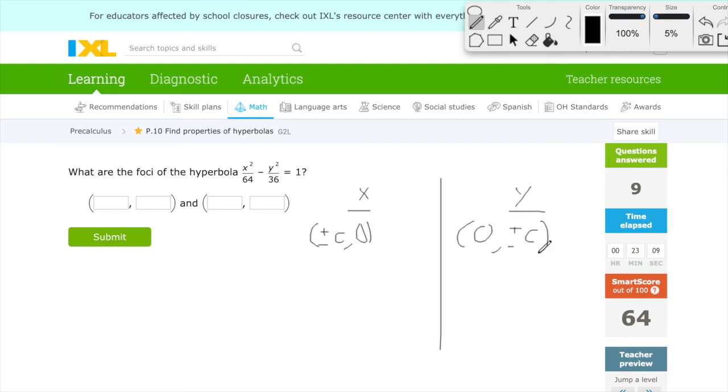Now how to get c, this is going to be the same for each. It's going to be kind of like the Pythagorean theorem. c squared equals a squared plus b squared.